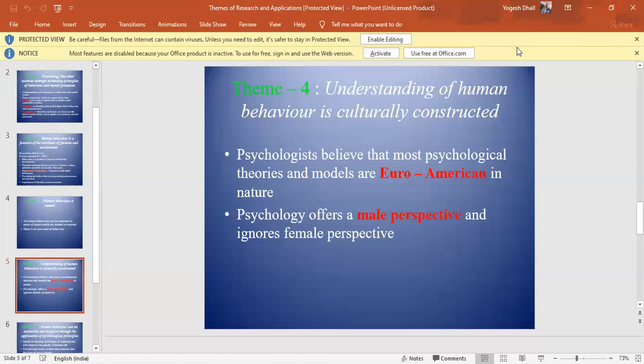Very few were females who proposed psychological theories. So only the male perspective was more prevalent than female perspectives. Males can only show their perspective. They could not understand from the females' point of view.